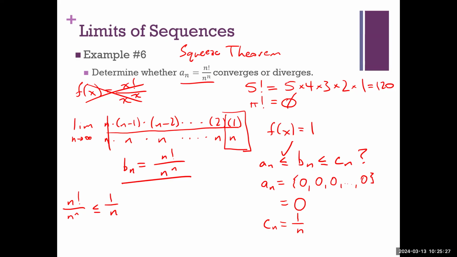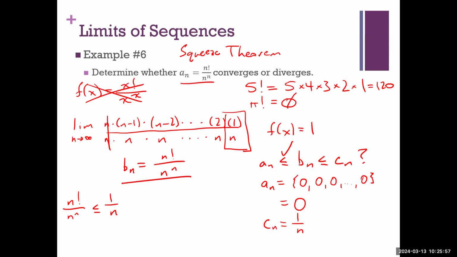How did you decide on C sub n? I know that 0 converges to 0 because it's a constant sequence. That's the only term in that sequence. I know that 1 over n, actually, I haven't said it yet. What do I know of the sequence 1 over n? Anything? Does it converge? It should converge to 0, right?